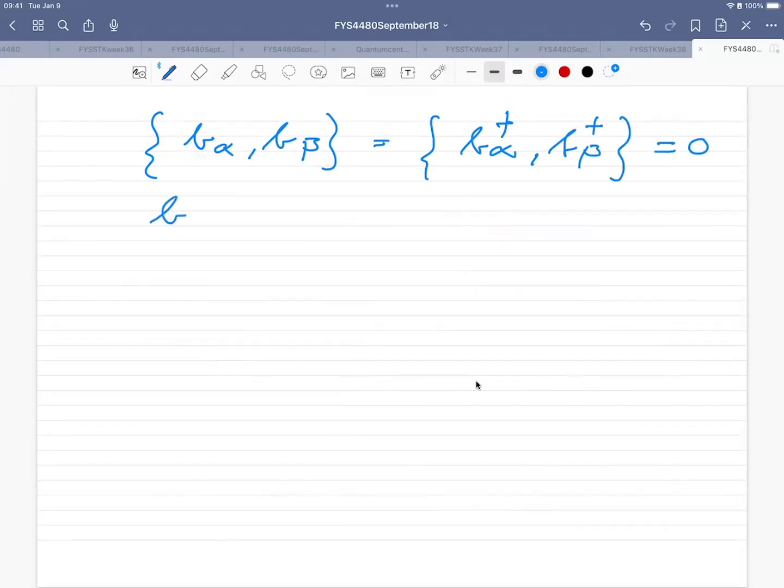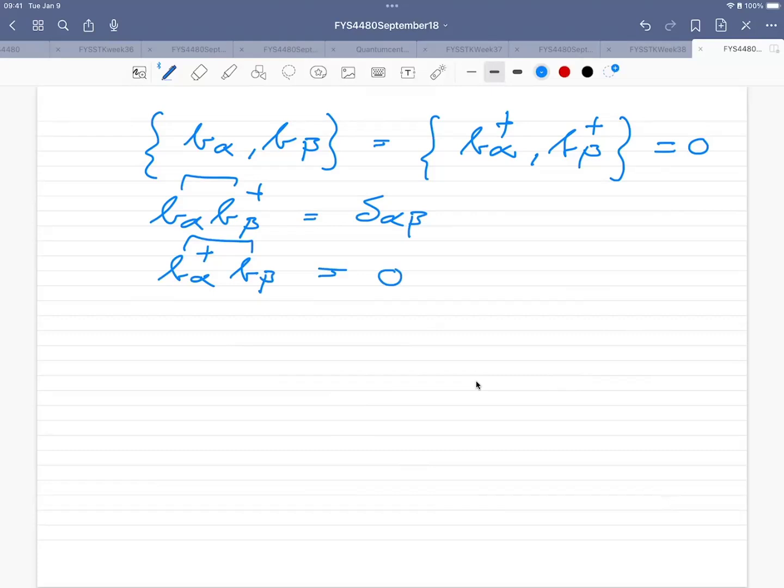And then I have a contraction. So the contraction rules are exactly the same as before. Later, we're going to change them by introducing a slightly more compact notation where we don't introduce these operators. And then we have B alpha dagger, B beta. That contraction is equal to 0. And that is pretty easy to see now.